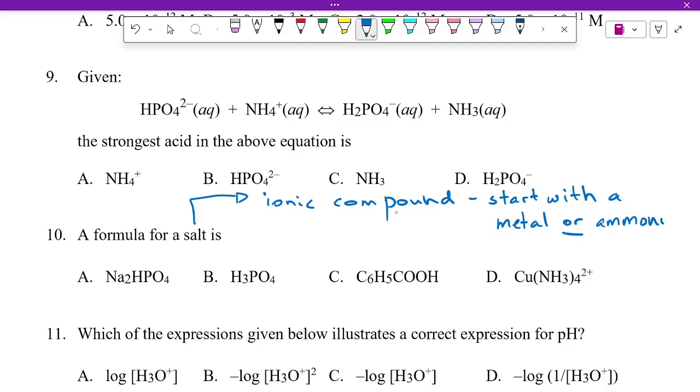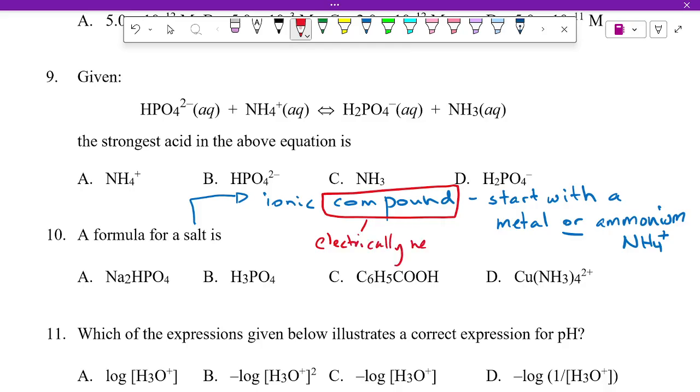Ammonium, NH4+. Okay, so that's how you know you have an ionic compound. You should also know that compounds are electrically neutral. So if we go through our list here, we can see that this is an acid, because we have that COOH at the end.